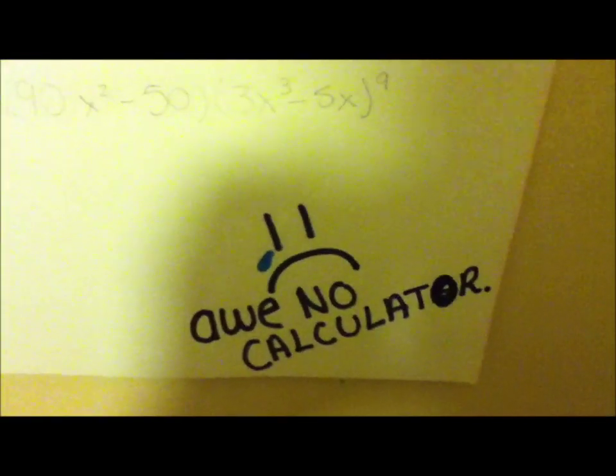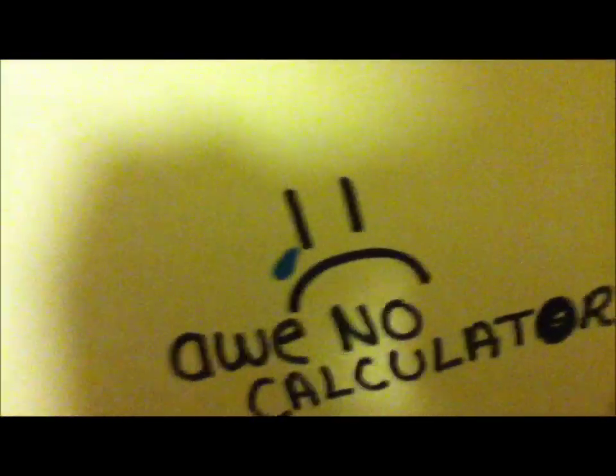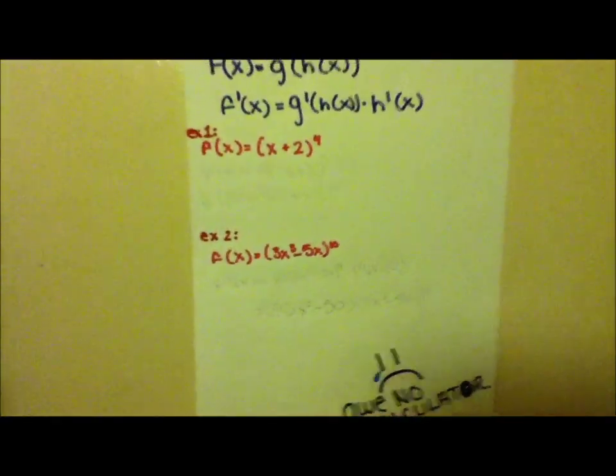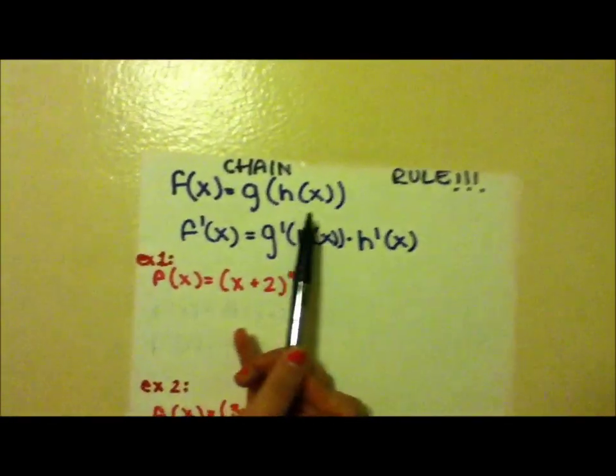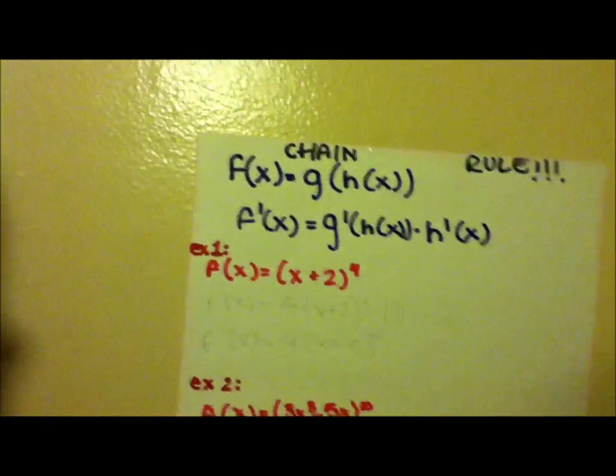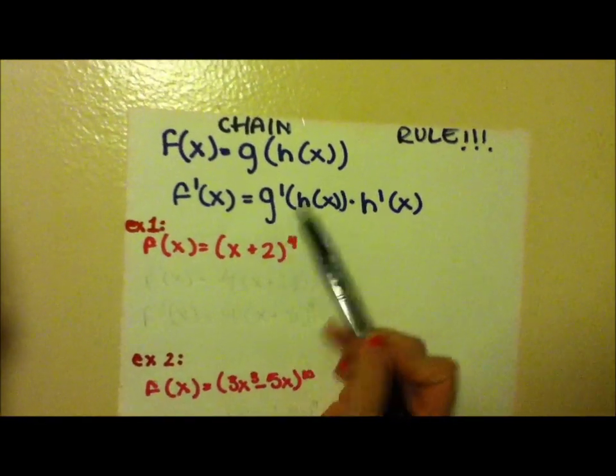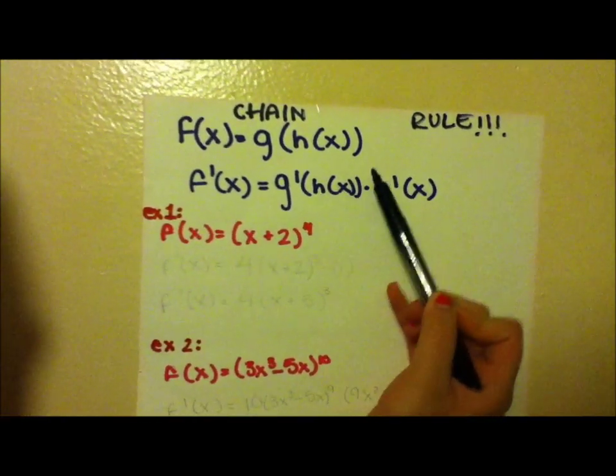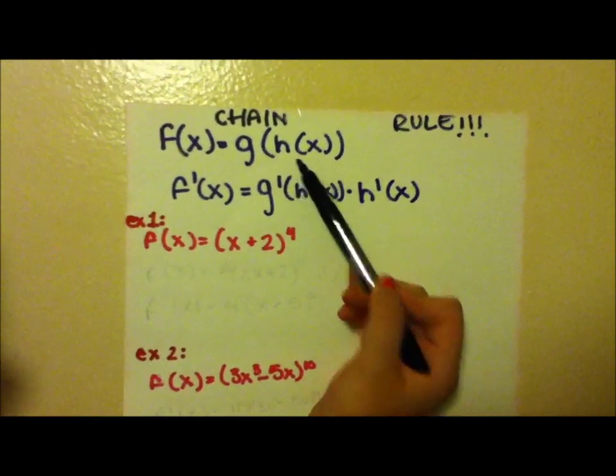We're going to be doing the chain rule. When we have the function g of h of x, you take the derivative by taking the derivative of g times the inside h of x, times the derivative of the inside.